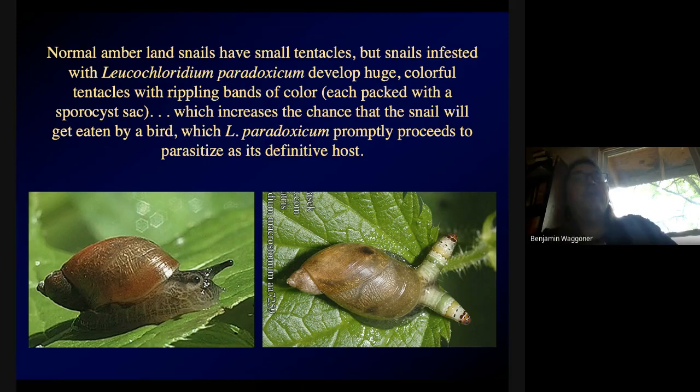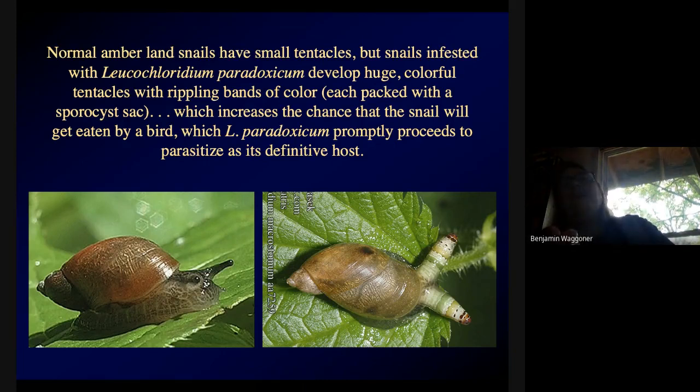Once inside the snail, the eggs hatch into sporocysts that enter into the tentacles and develop into these giant pulsing things with rippling color bands. So the snail on the right, both of its tentacles are grossly swollen, filled up with these giant pulsing sporocyst sacs.